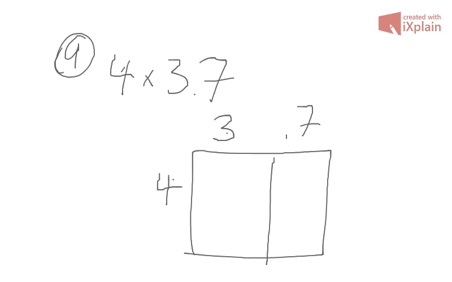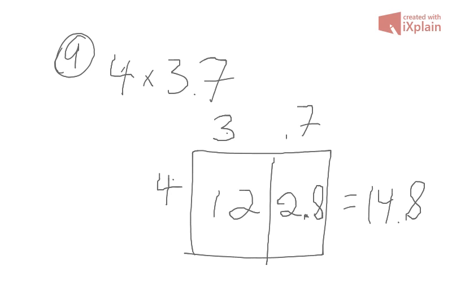So 4 times 3 is 12. 4 times 0.7 happens to be 2.8. You might need a longer form of multiplication if you don't do that one mentally, but it's no problem. And then you add your 12 and your 2.8, and you get 14.8 for number 9.